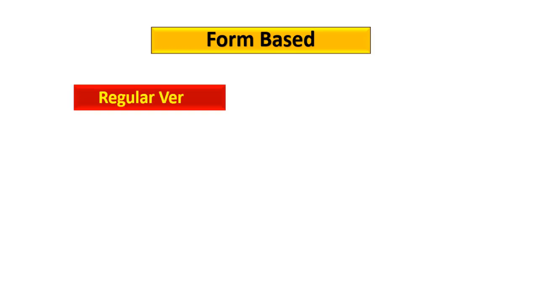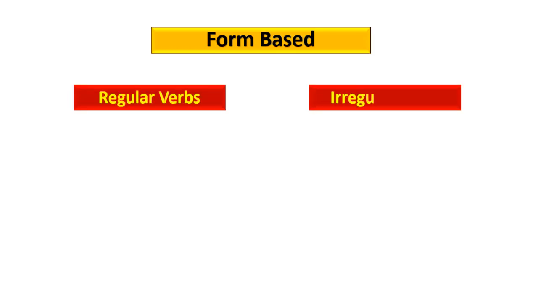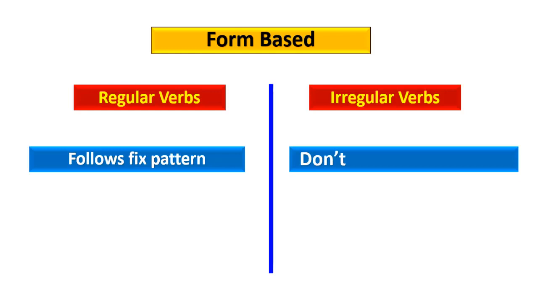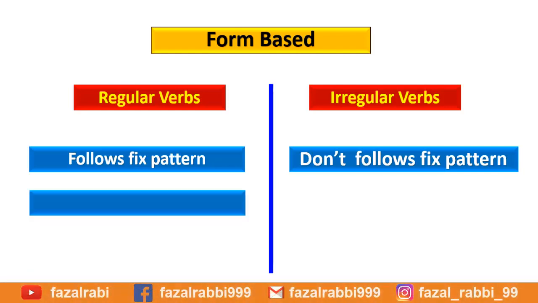So based on forms, we have two types of verbs. Number 1, regular verbs. Number 2, irregular verbs. Regular verbs follow a fixed pattern when we convert from present to past and from past to past participle, while irregular verbs do not follow any fixed pattern when we convert them into past and past participle form.